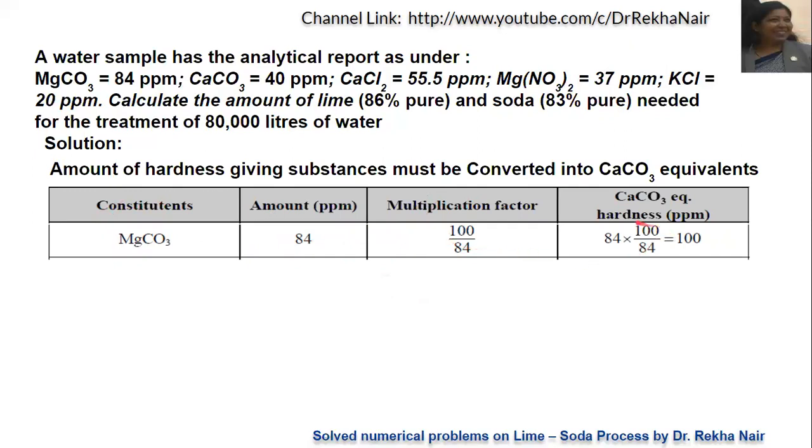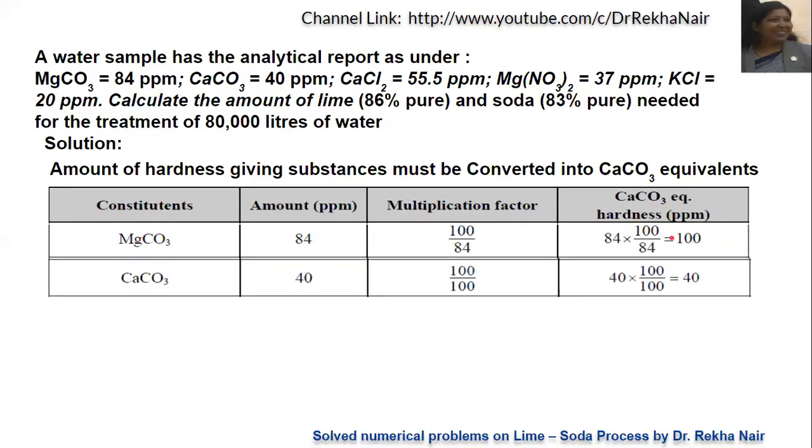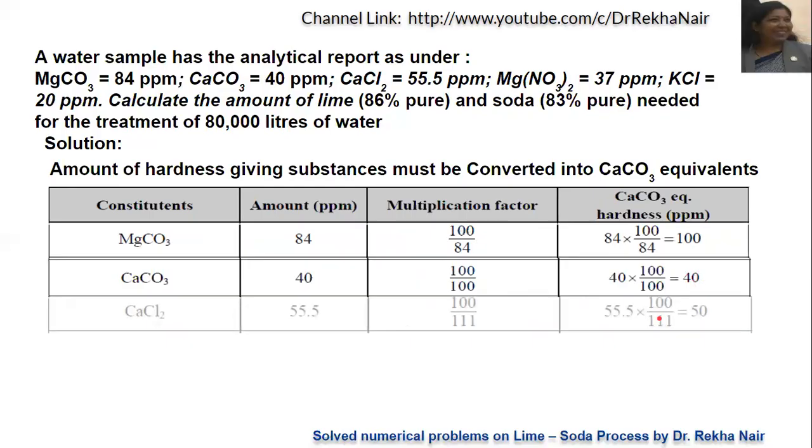So 84 multiplied by 100 upon 84 will come out to be 100. The next constituent is CaCO3. Its molecular weight is 100. We can write it as 100 upon 100. CaCO3 equivalent is 40 into 100 upon 100.